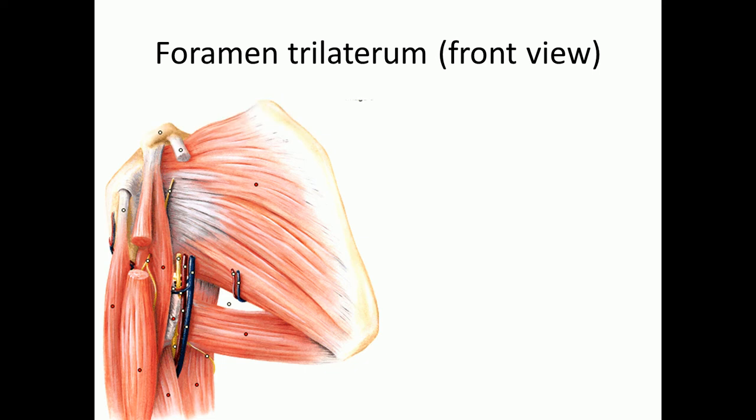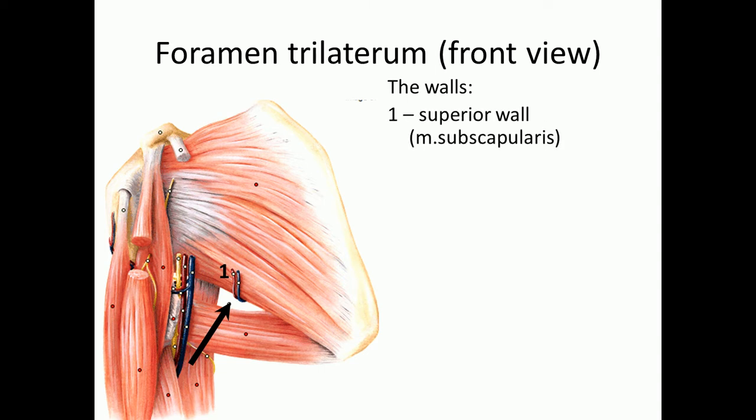And now more detailing. Just now we use the front view of foramen trilaterum. We use this black arrow to demonstrate it. And let's remember the walls. First of all, number 1 is the superior wall, musculus subscapularis.